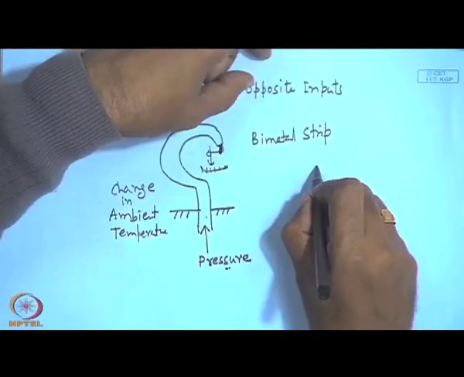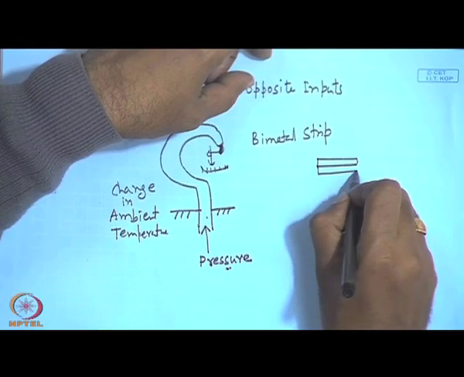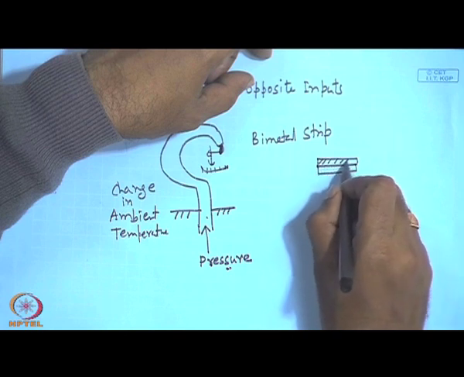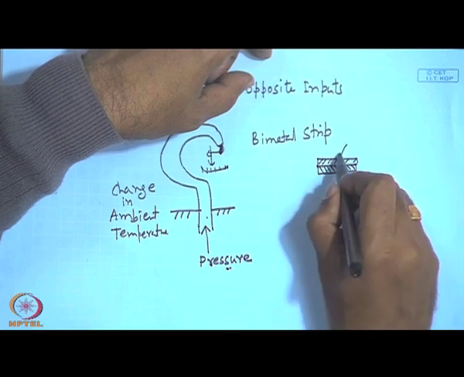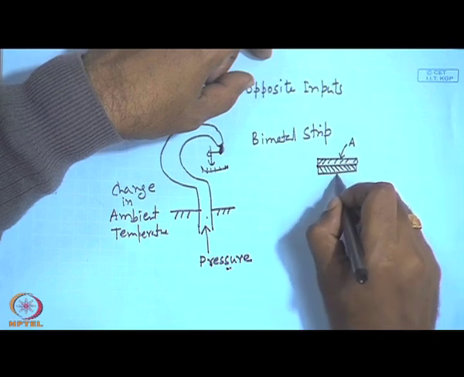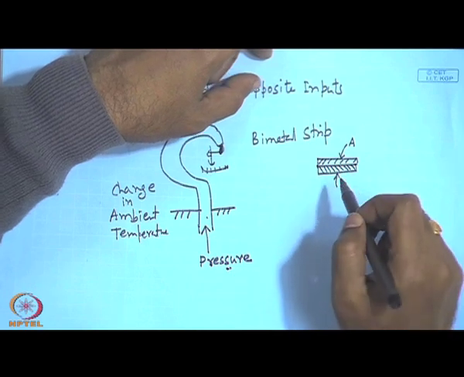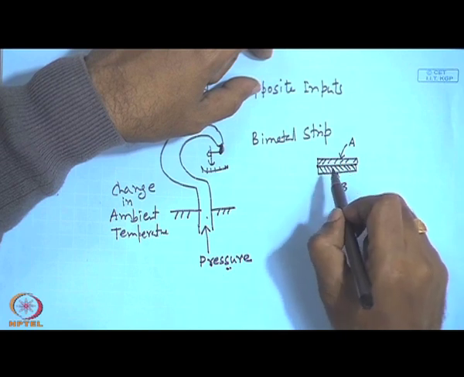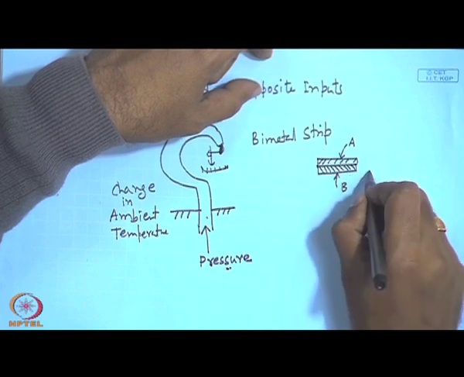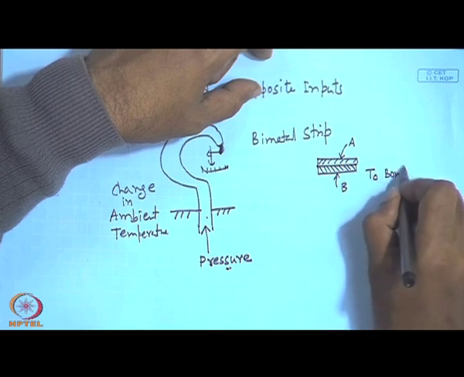Okay, let me explain what a bimetal strip is. You take two different metallic strips, they have different thermal expansion coefficients. They are bonded rigidly at some temperature called T0, the bonding temperature.